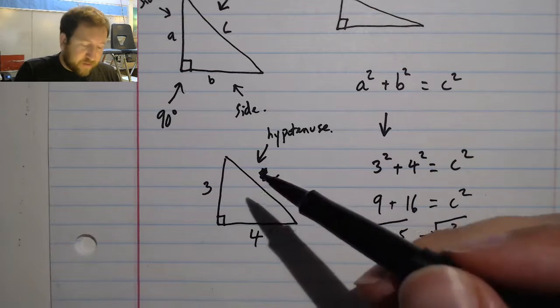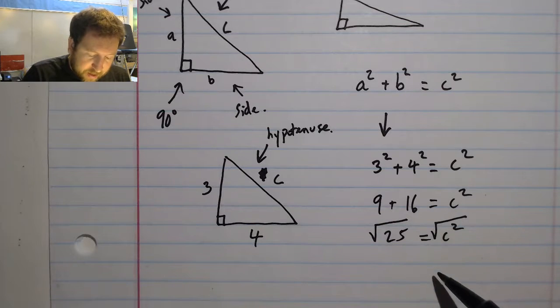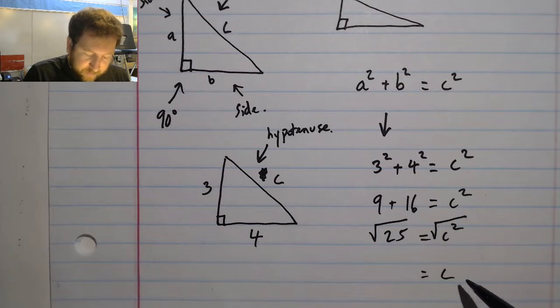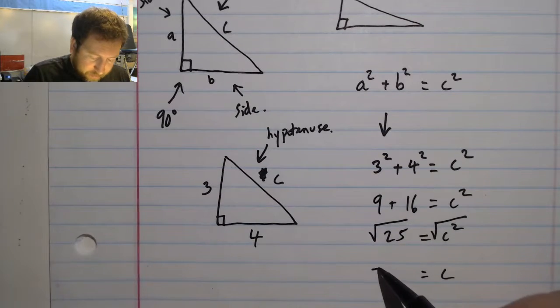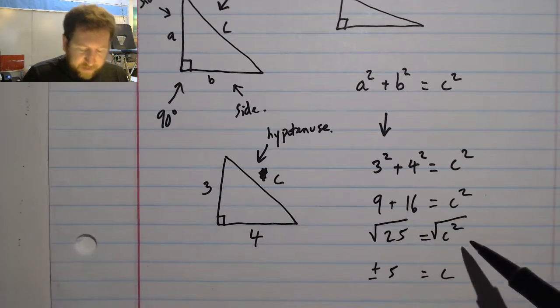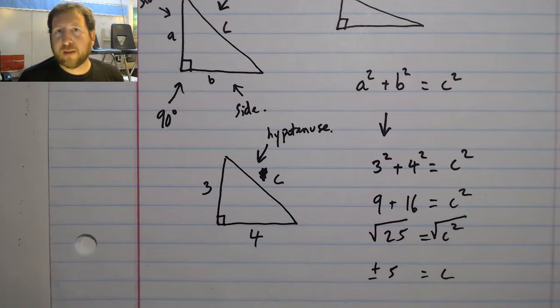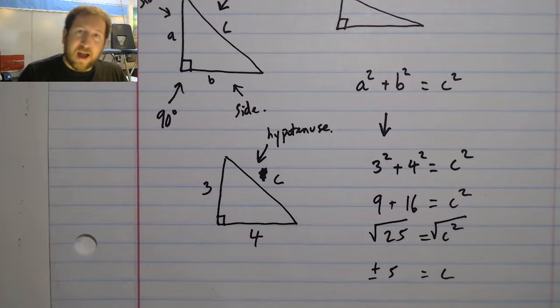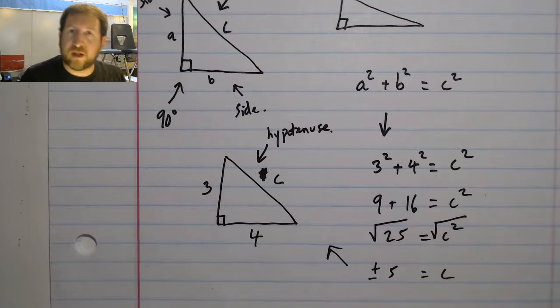And this is one of the few special triangles that will give me a whole number for my other root, which is kind of cool. So this side, I get C, and this side, I get plus or minus 5, because whenever I do my geometry and I take the root like this, I always get plus or minus. However, I can discount my minus 5 as an answer in this case because I'm using it for geometry.